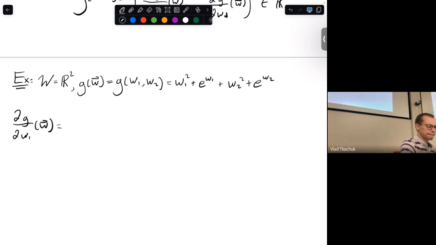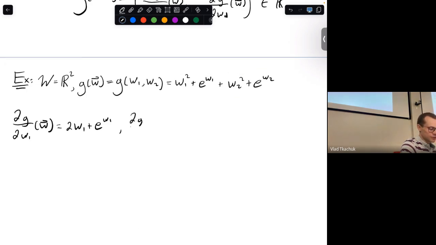Well, these things don't depend on W1, so they're constants. So then it's exactly the function we had before, which we've taken the derivative of already. And now it becomes 2 times W1, and this is a 2, not a del, plus e to the W1.